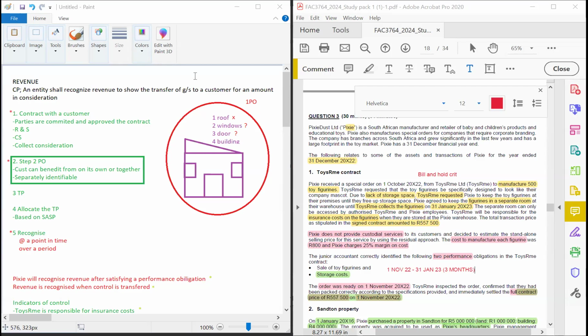Okay, let me look at the chat box. Did you already do a topic for income tax? I have done a question on income tax, but we are still going to do more of income tax. Tomorrow I also have a class on income tax for FAC at 8 p.m. Tomorrow is Monday, right?